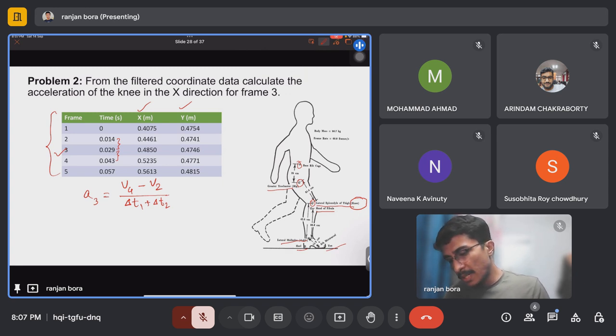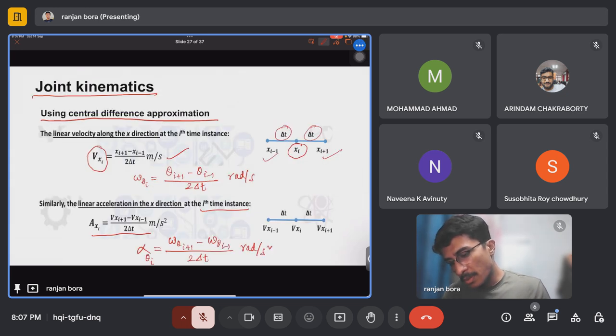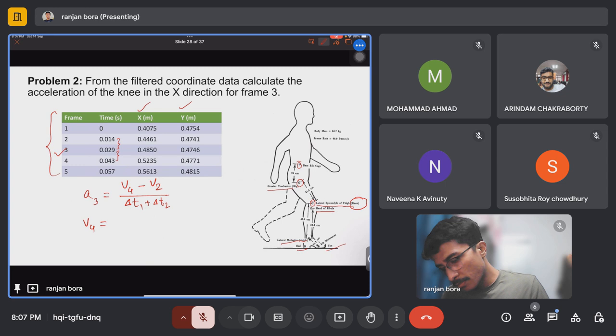Again, how will we calculate V4? V4 will be x5 minus x3, divided by delta t1 plus delta t2.